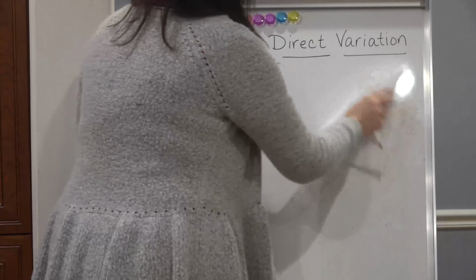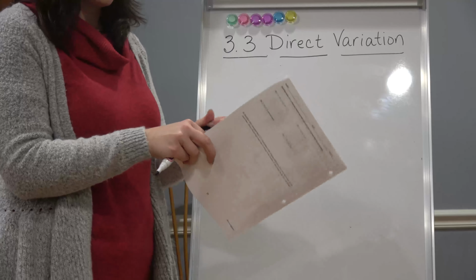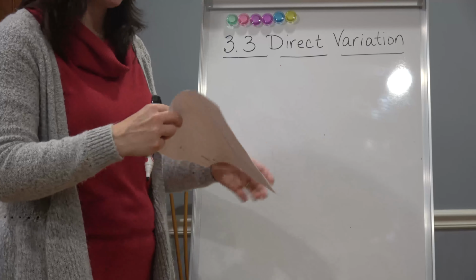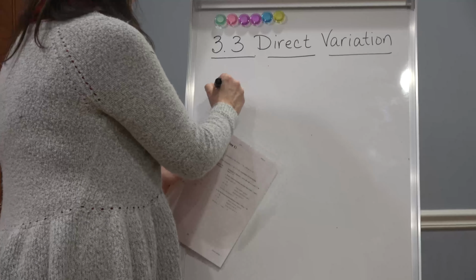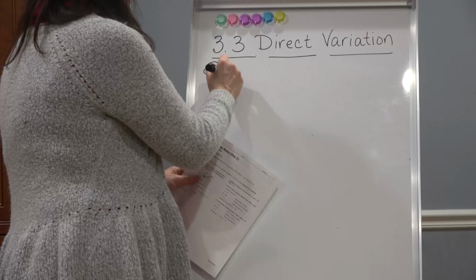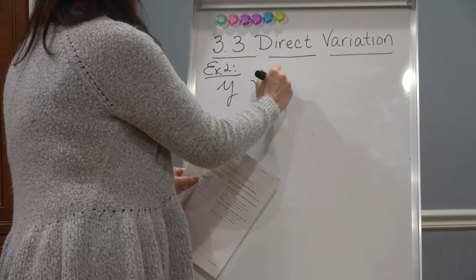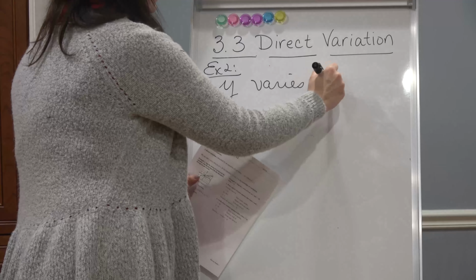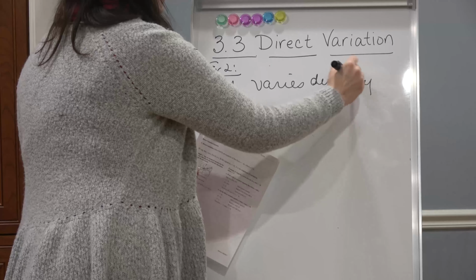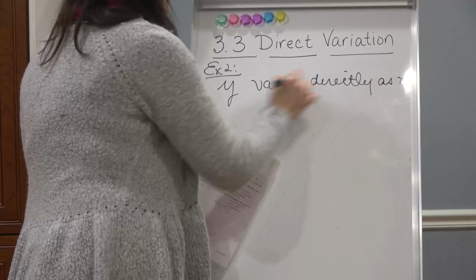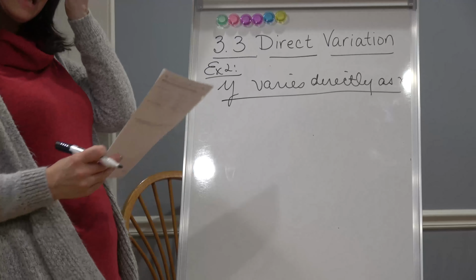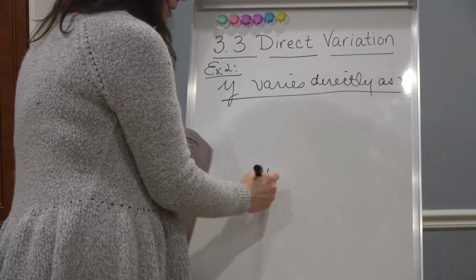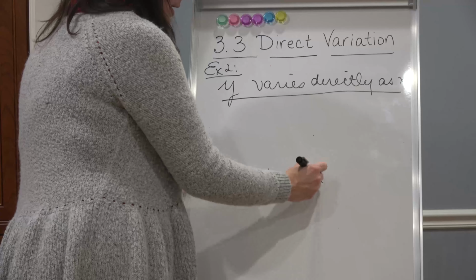Okay, so how are we going to be able to solve some problems based on this knowledge of the direct variation? Okay, in example 2, they tell us that y varies directly as x. They have to tell us that, because once they say that, we can immediately write down y equals kx, okay?